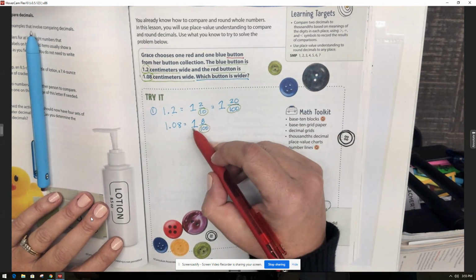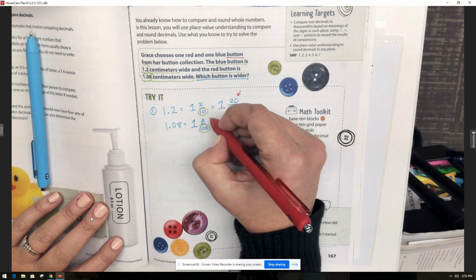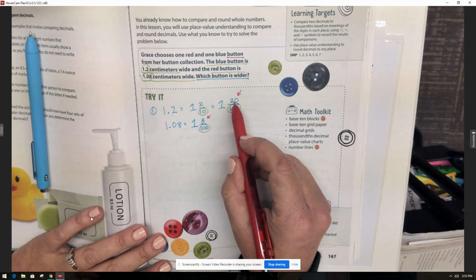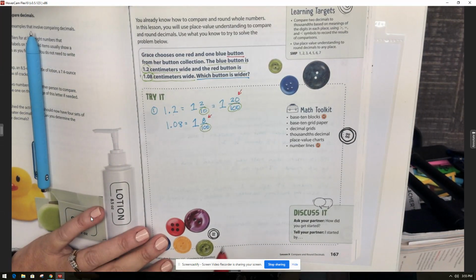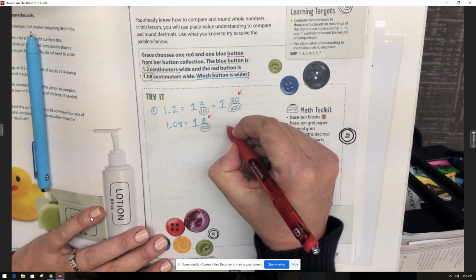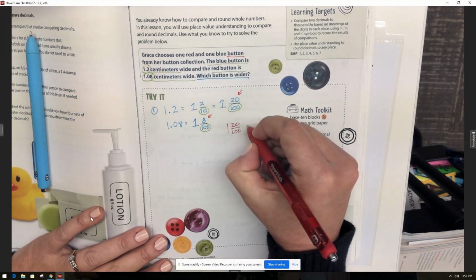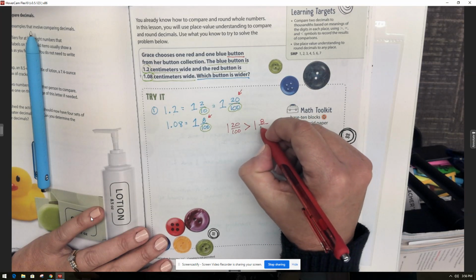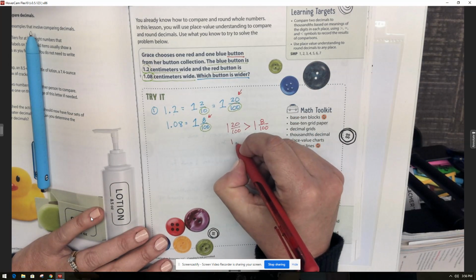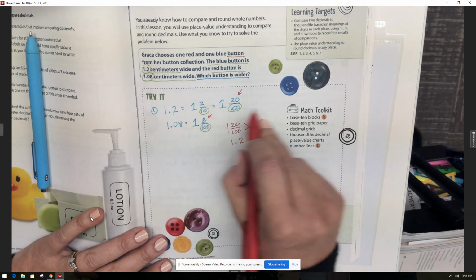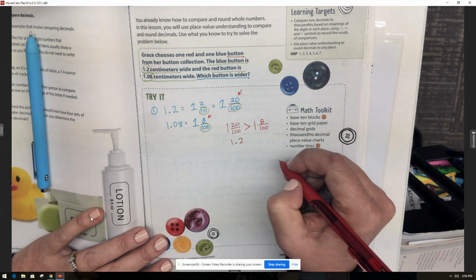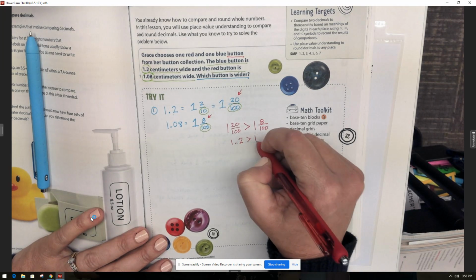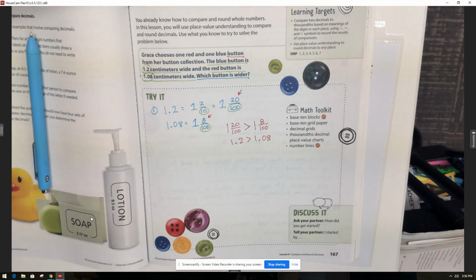To find out, I just need to look at the numerators and see which numerator is bigger. And in this case, 1 and 20/100ths is bigger. So because I know that 1 and 20/100ths is greater than 1 and 800ths, or 1 and 2/10, because ultimately that is what the number is, 1 and 2/10 is greater than 1 and 800ths.